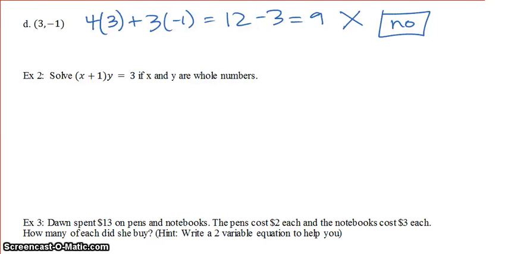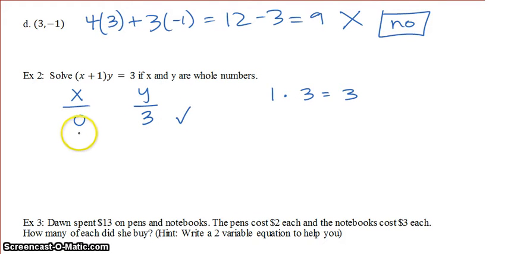So what I'm going to do is I'm going to kind of do a little column to help me. X, Y. So let's just say if I plug in 0 for x, okay? Well, that's going to be 0 plus 1, which is 1, times y, which equals 3. So y would have to equal 3. So that would work. So this one works.